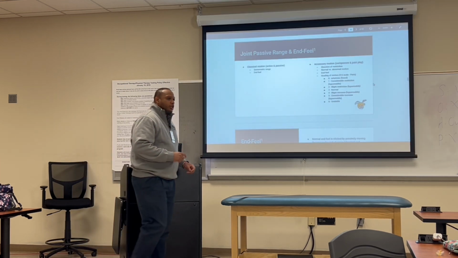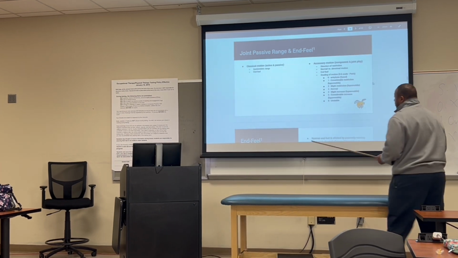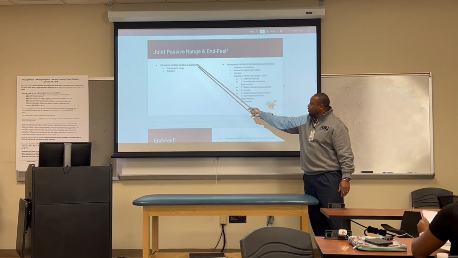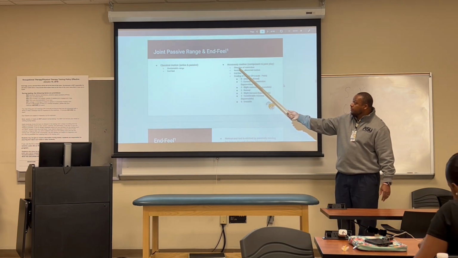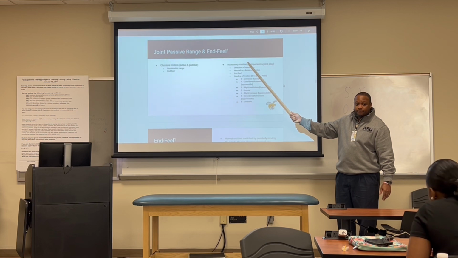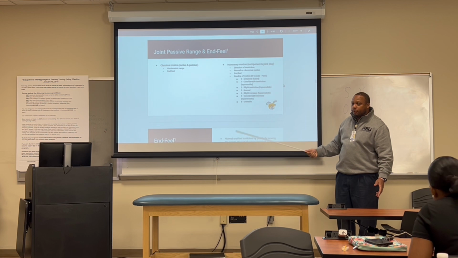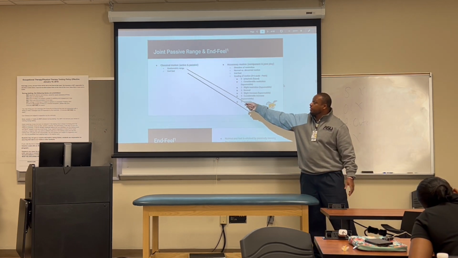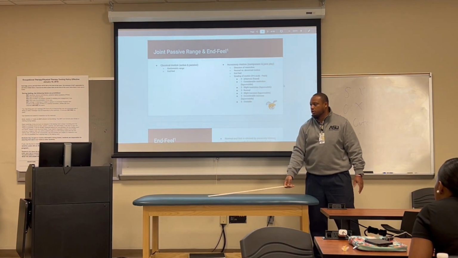All right? So now, we know that in order to achieve full active range of motion, we have to have good accessory motion. So if my component motion or joint play motion is restricted, that could lead to a limited classical motion, so limited active range of motion.